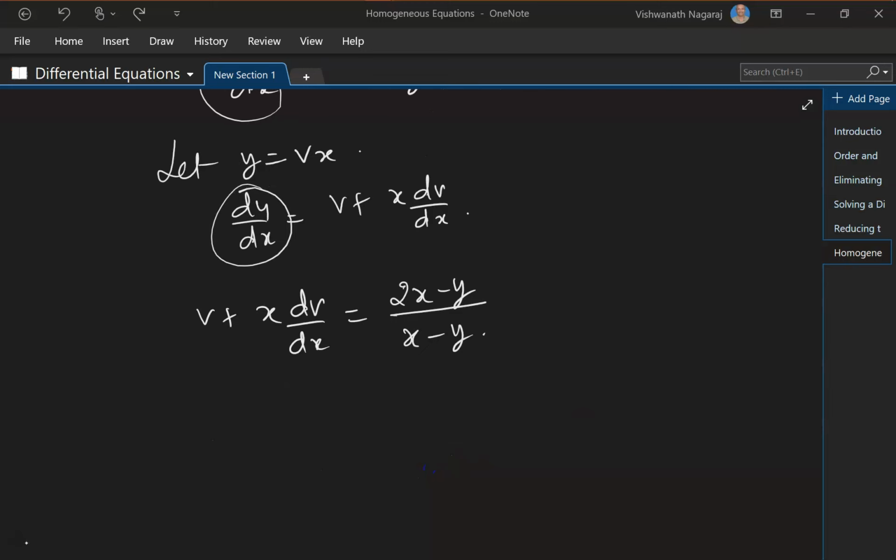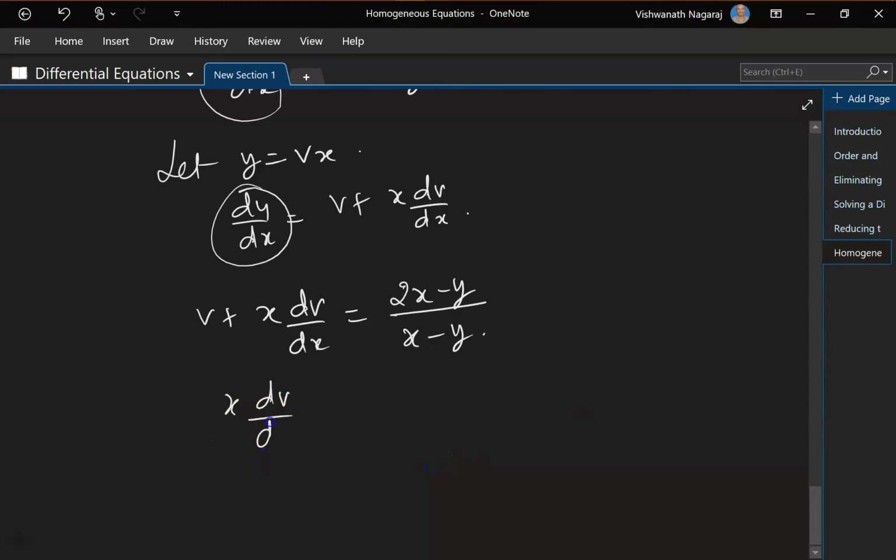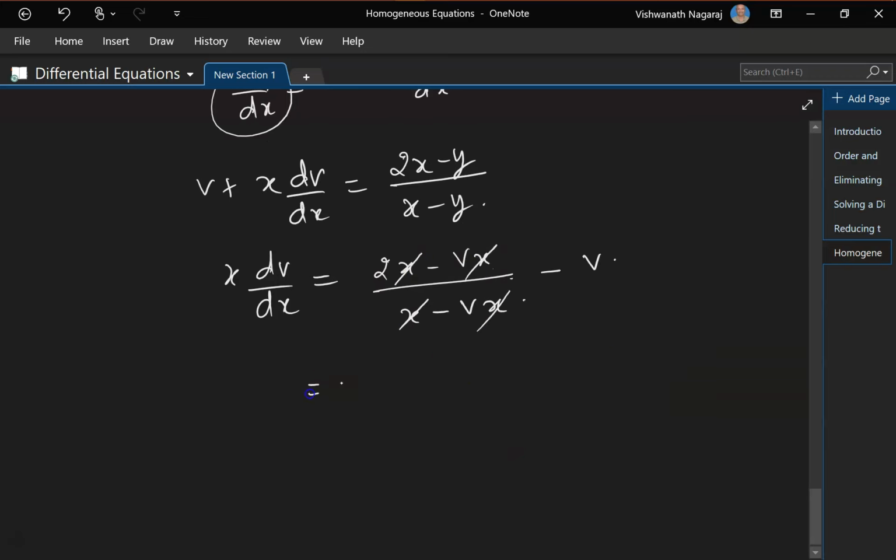Let's take v to the other side. x dv by dx is equal to (2x minus y) by (x minus y) minus v. y is vx, right? So vx by x minus vx. Now x is common to all of them, so let's remove it. So x dv by dx is equal to (2 minus v) by (1 minus v) minus v.